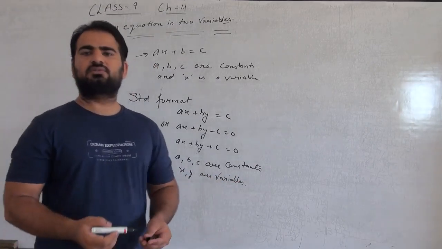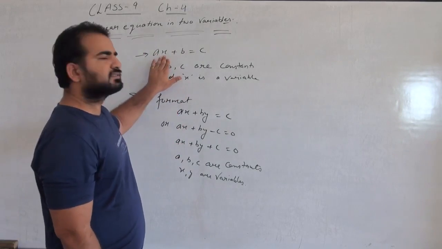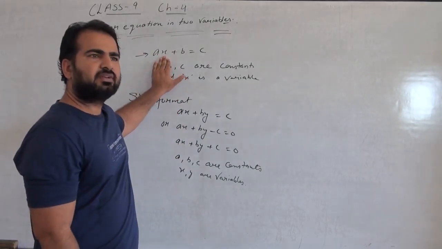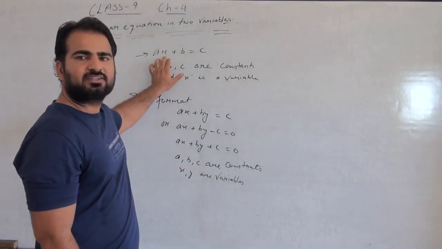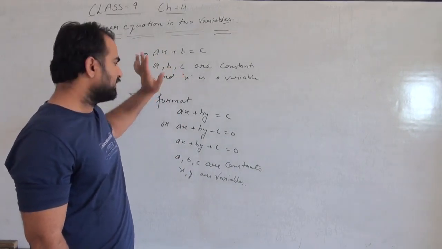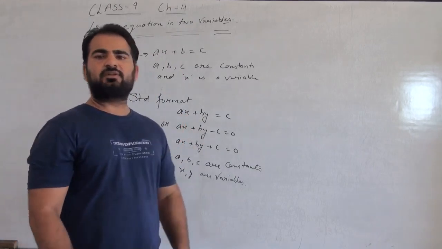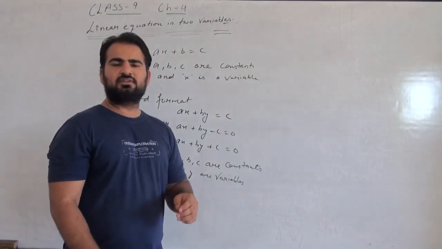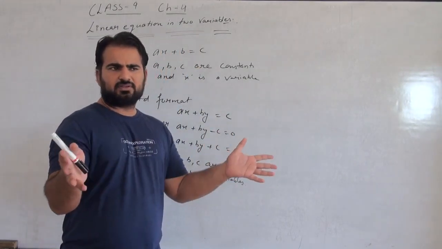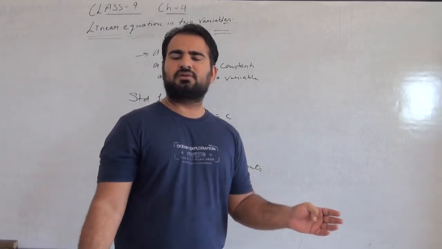Listen class. In linear equation in one variable, x was independent. Its value does not depend on any other thing. But in linear equation in two variables, x and y are dependent on each other. If the value of one is increased, it means that the second value will be decreased or increased also.